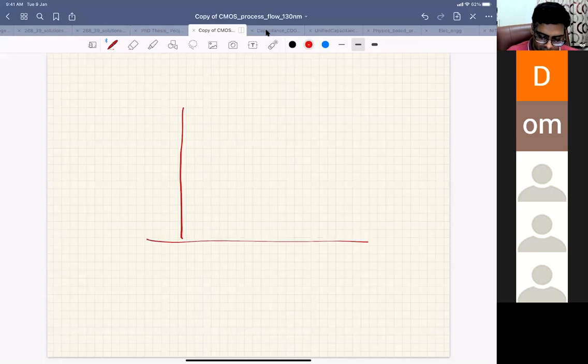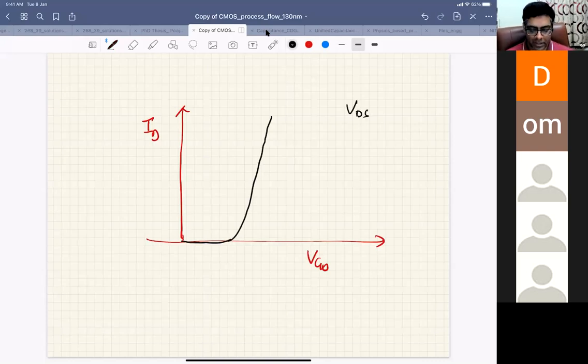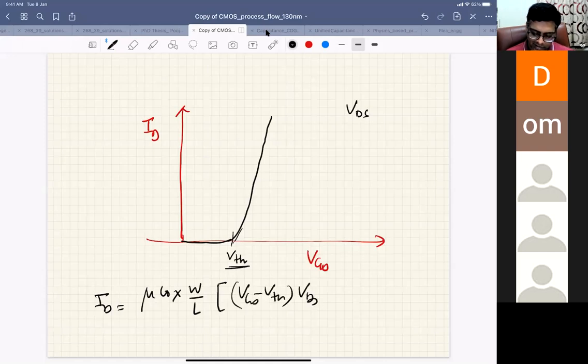So if you plot ID as a function of gate to source voltage, then you will have this curve, right? So this is at a particular VDS. So your drain current will increase after threshold voltage, right? So this is threshold voltage, right? And we know that ID is mu Cox W by L, VGS minus VTH into VDS minus half VDS square.